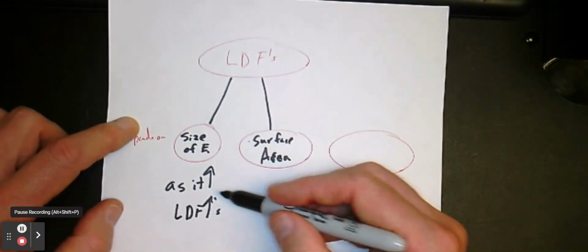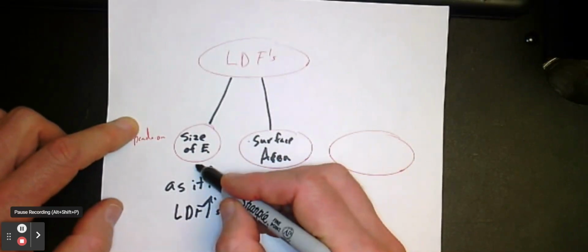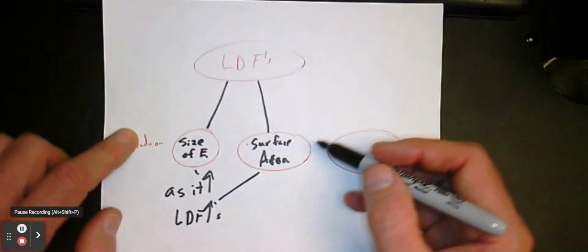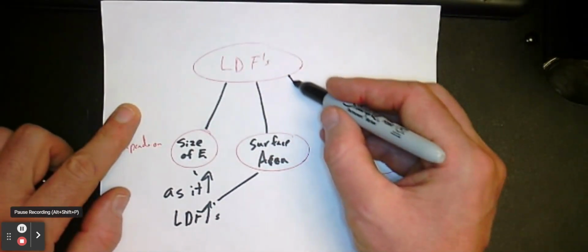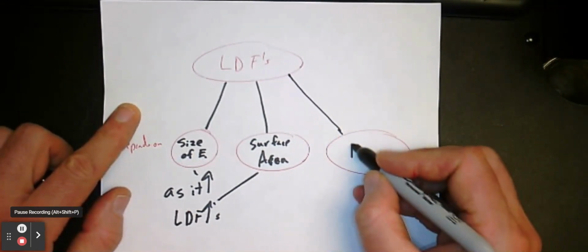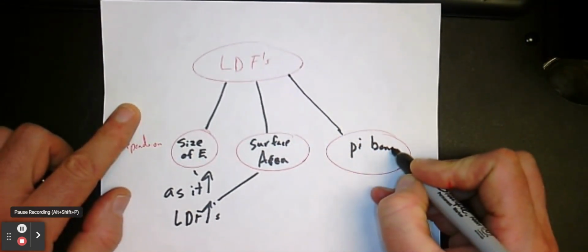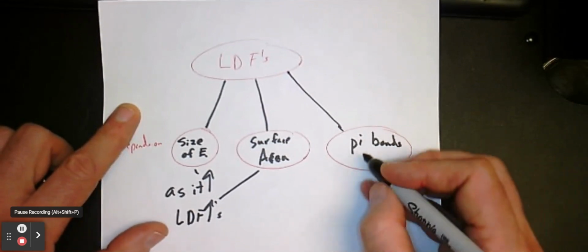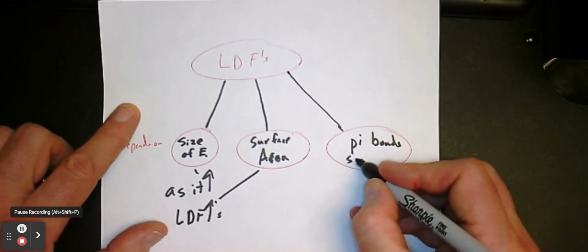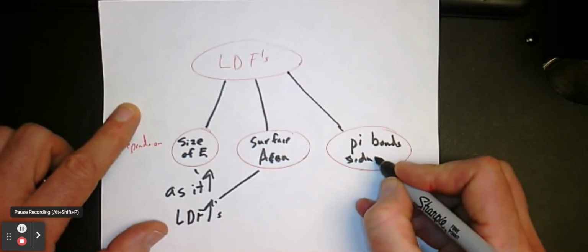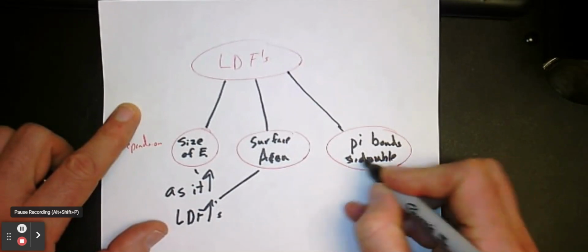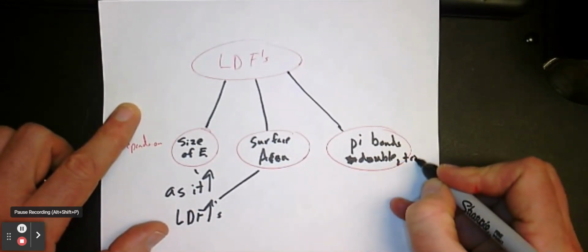This is the same kind of thing; it's also directly proportional. A third thing it depends upon is pi bonds, which are the presence of a double or a triple bond.